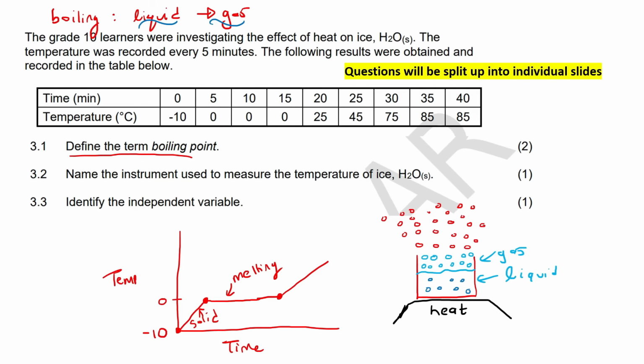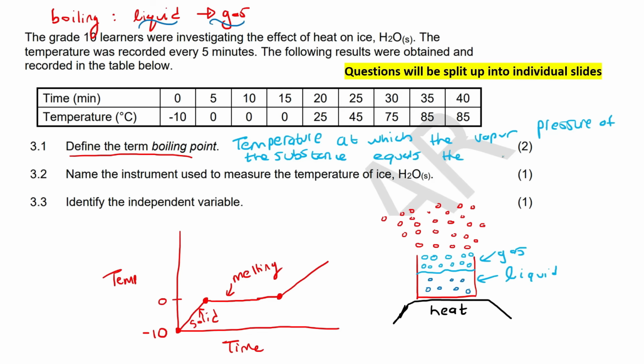So the definition of boiling is the temperature at which the vapor pressure, which is this one over here, of the substance, which in our scenario is water, equals the atmospheric pressure, which is this stuff over here, the pressure that was already in the atmosphere. That is what boiling is.